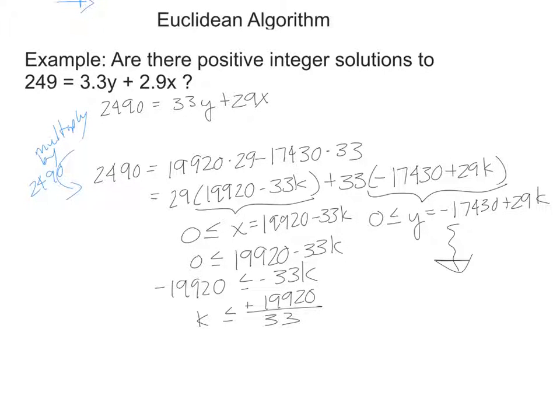Similarly, if I look at y, that will give me the restriction that k is greater than or equal to 17430 divided by 29.